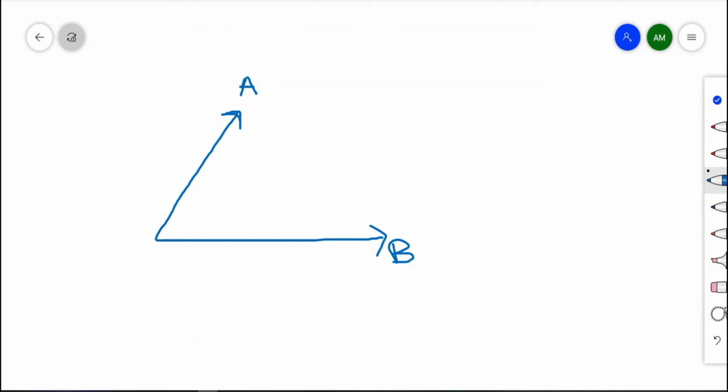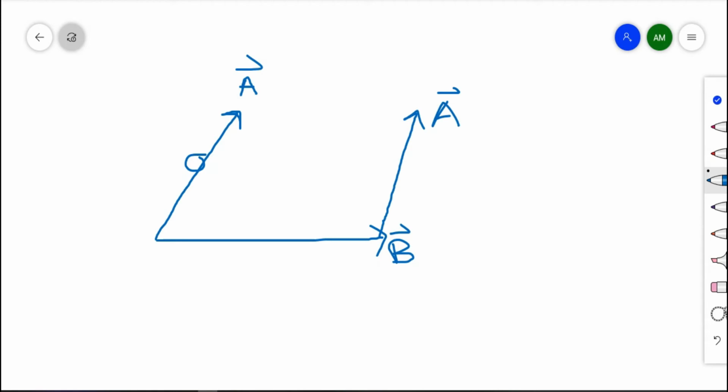As I mentioned earlier in the introduction to vectors, you can move one vector to another position without changing the magnitude or the direction. So I can transfer this particular vector to this point, and this would be my new A.